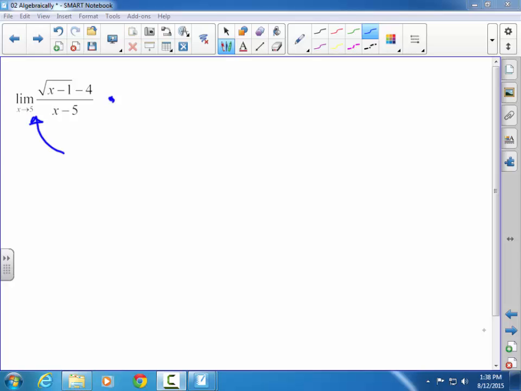So if we plug in 5 here, which of our 3 options do we get? A number over 0. What number do we get over 0? -2. All right. So we plug in 5. We get 2 minus 4 over 0. That's -2 over 0.